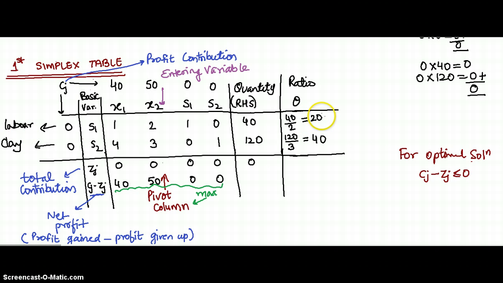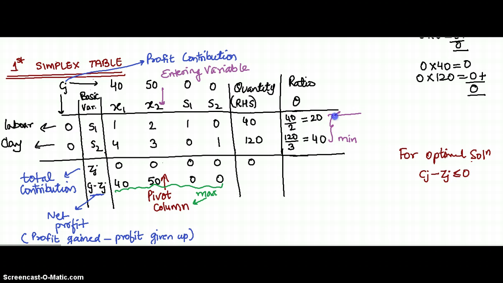But even if we have the material, we are not able to make mugs unless we have the labor. So out of these two, 20 and 40, we have to select the minimum. We are restricted to manufacturing a maximum of 20 mugs because of fewer labor hours.